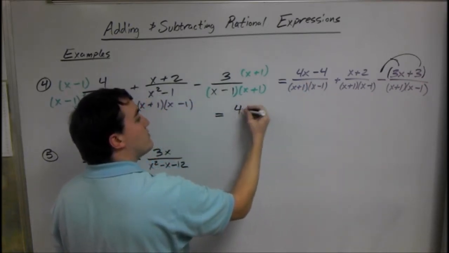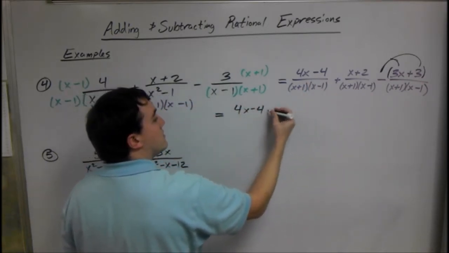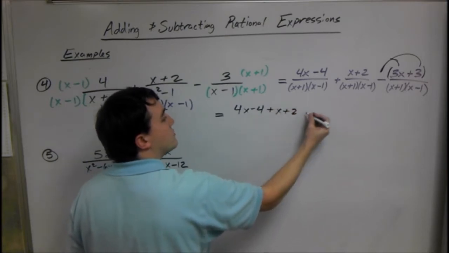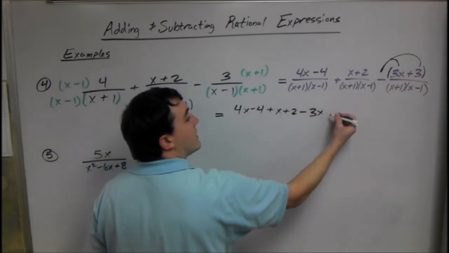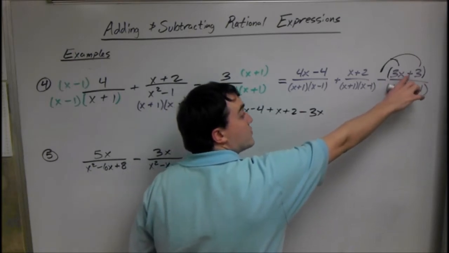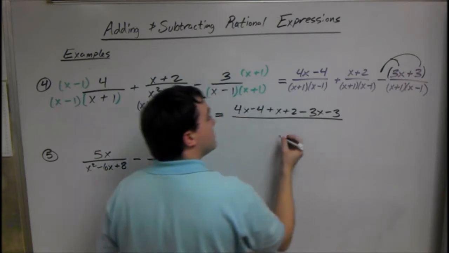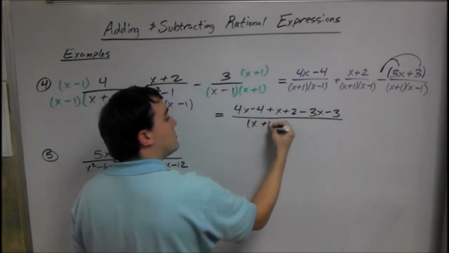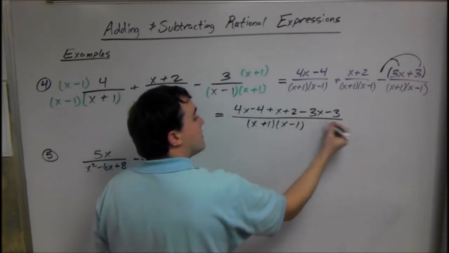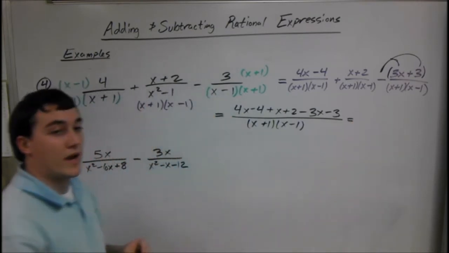So we have 4x minus 4 plus x plus 2 minus 3x. And remember, the minus is going to both. If this was negative, it would become positive, but it's not. Over x plus 1, x minus 1. And then we should get our final answer after we add like terms on the top.